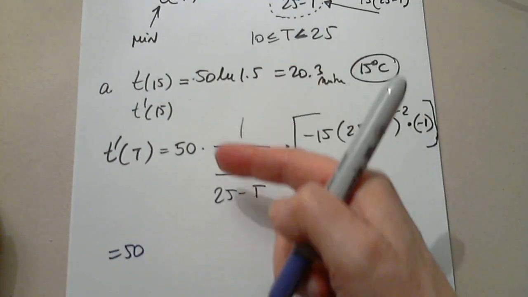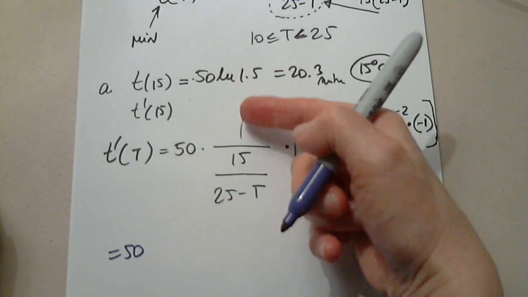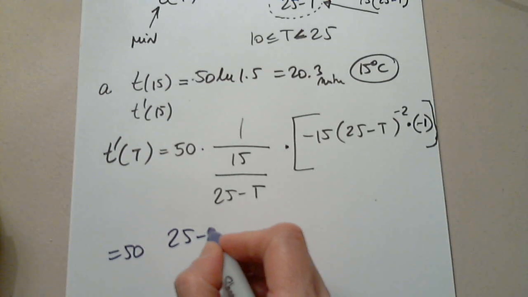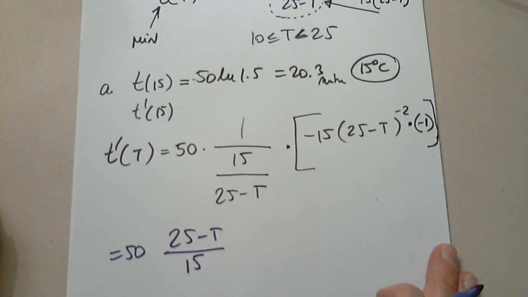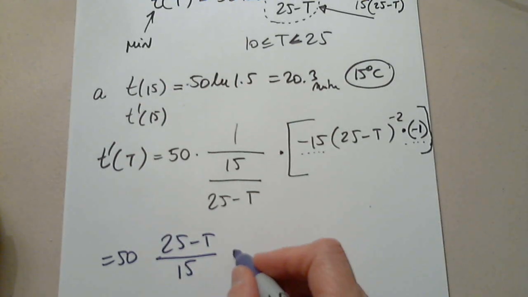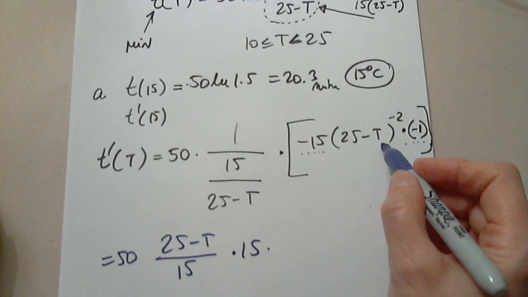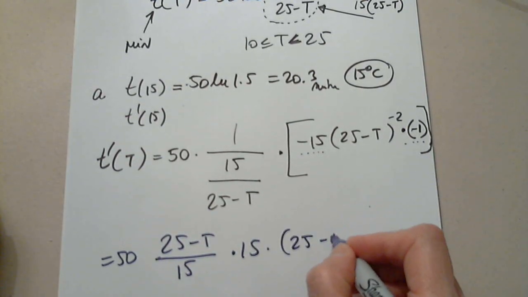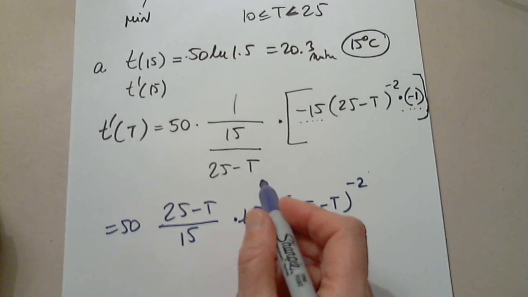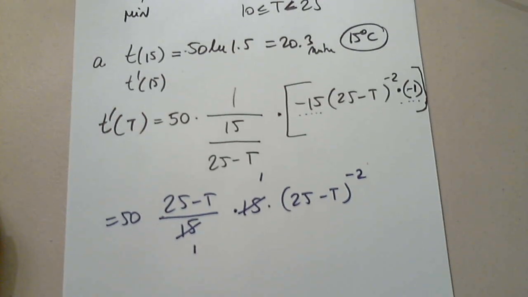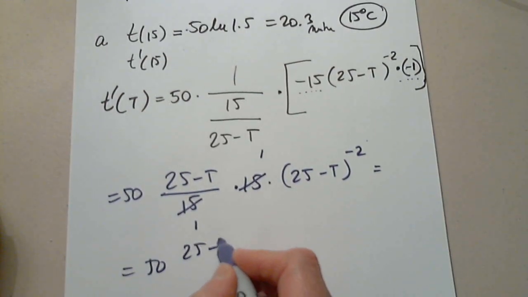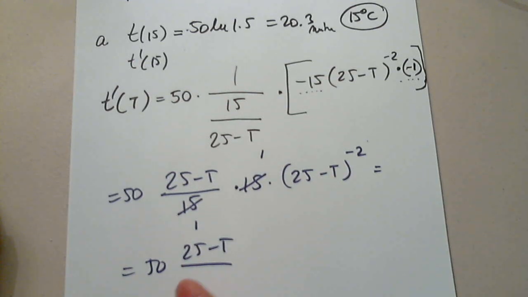50. Flip this, because it's a fraction over another fraction: 25 minus t over 15. Negative 15 times negative 1 is 15. And leave this alone for a moment. (25 minus t), bring down this.